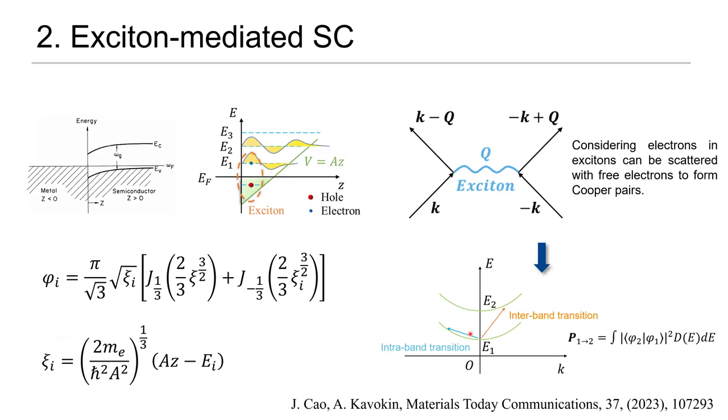Here it seems to be so, but actually this is closer to the case when we consider the electron-exciton interaction in the system. I will show it to you later.